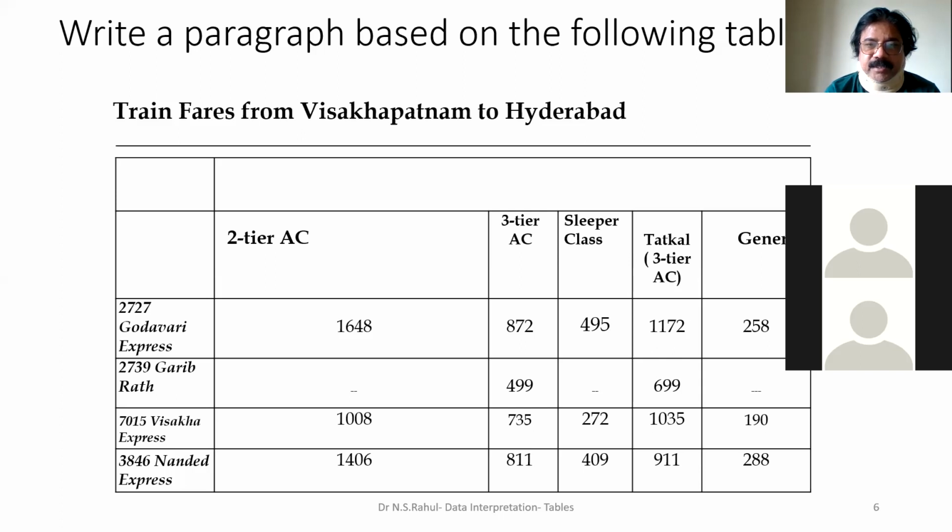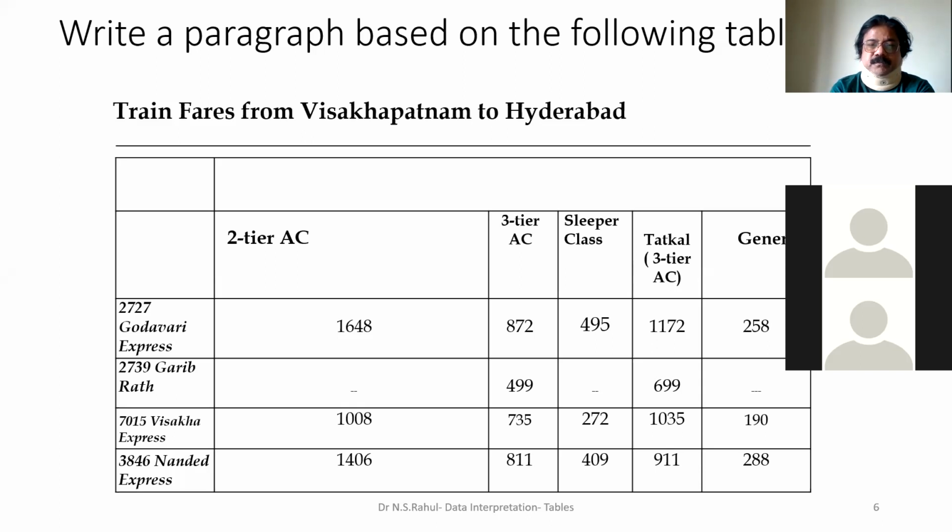Fares are not given means that class is not there in the train. In three-tier AC, one seat costs 499 rupees and Tatkal ticket is 699 rupees.